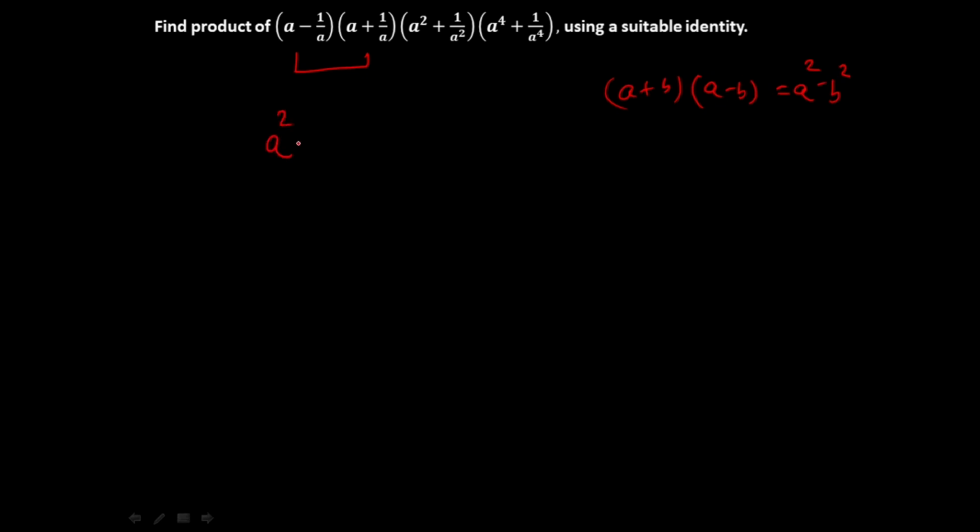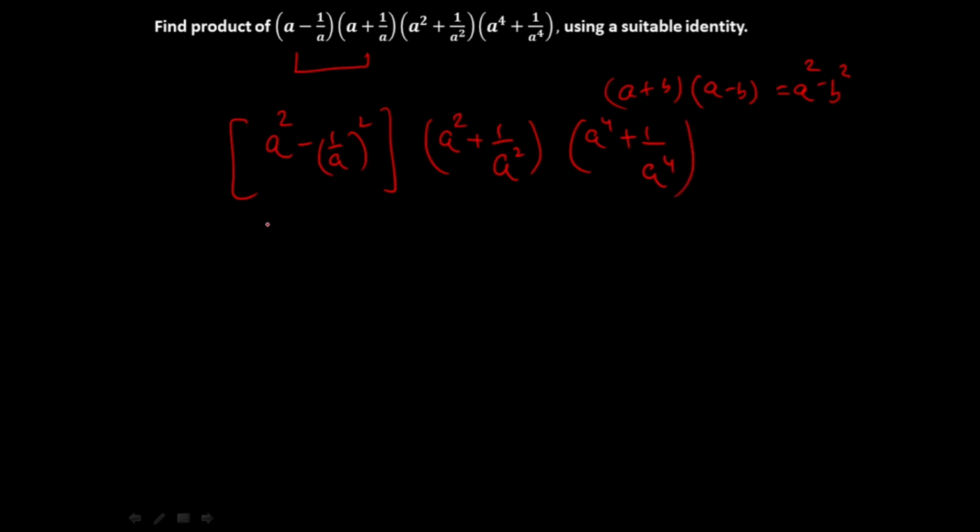So a square minus 1 upon a square. These two become this one. Write the pending one as this: a square plus 1 upon a square, then a power 4, like this. Now a square minus 1 square is 1. Write this as this. The pending part is written as this.